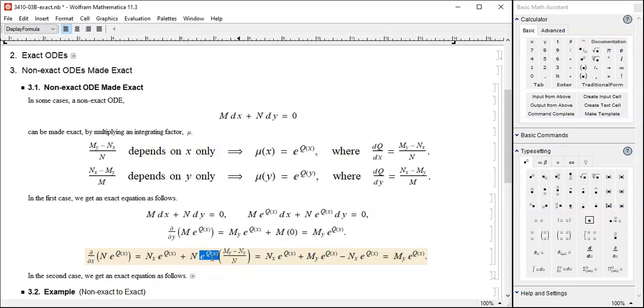What's the derivative with respect to x here? By design, you're going to get this because Q is the antiderivative of that. So we get that. And then if you do some simplification, this N and N cancel out, and we get the same thing as before.